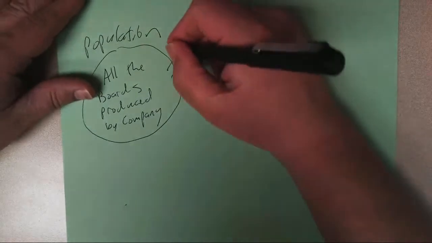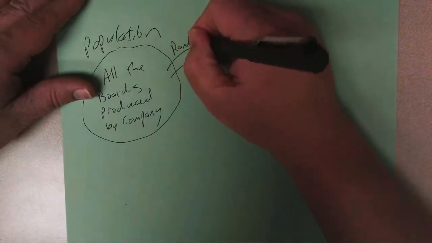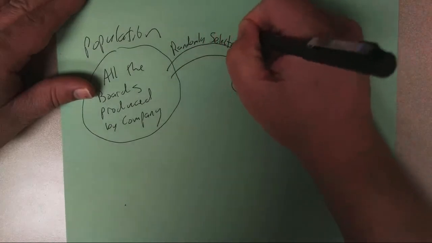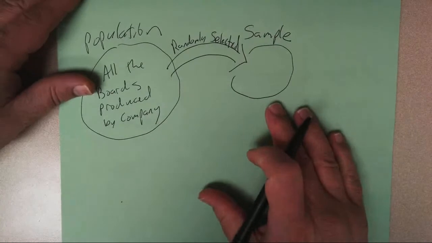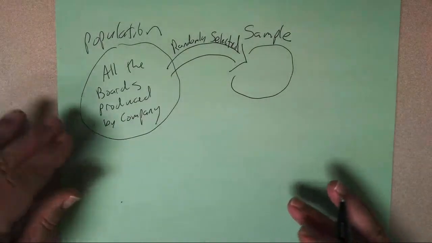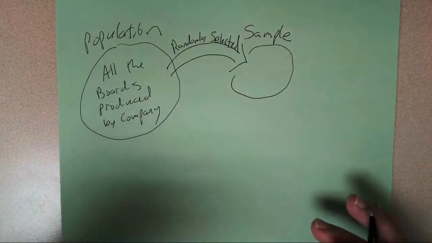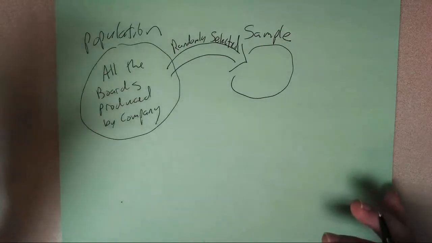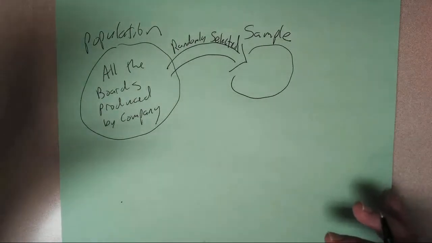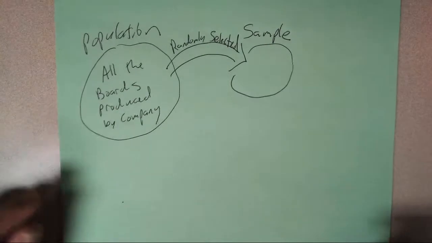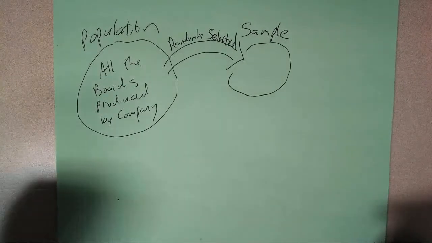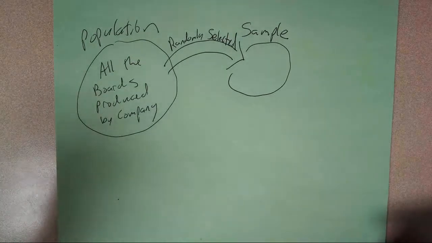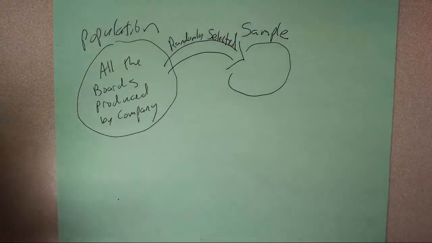Now the sample is randomly selected from the population. I don't want to go into my warehouse and pick 50 boards all on one shelf, because maybe those boards came from a certain tree or a certain geographical location, and that's not necessarily going to represent the entire population.